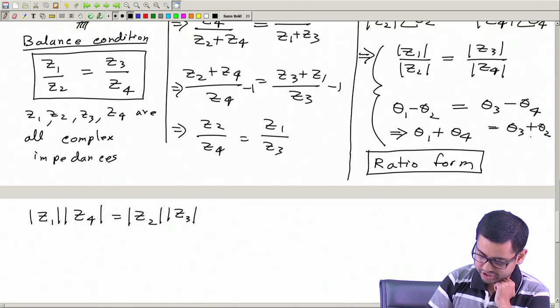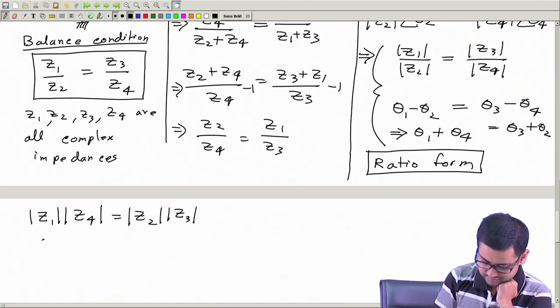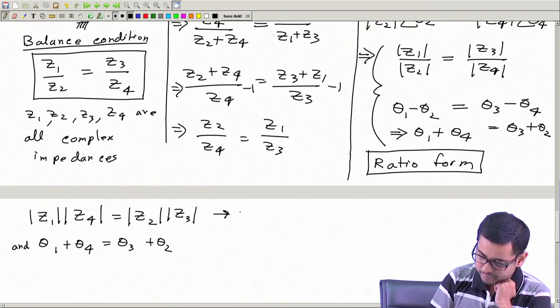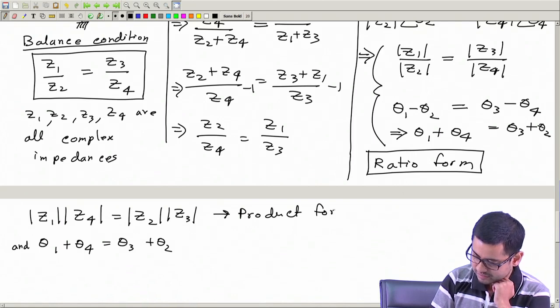and this condition okay. So, this is the product form of the balance equation.